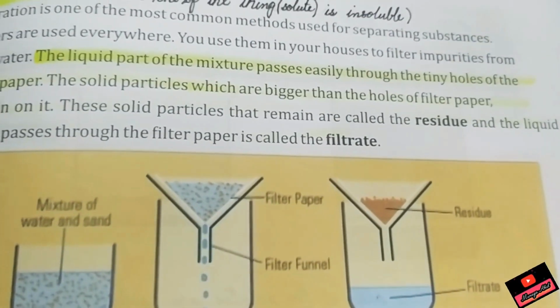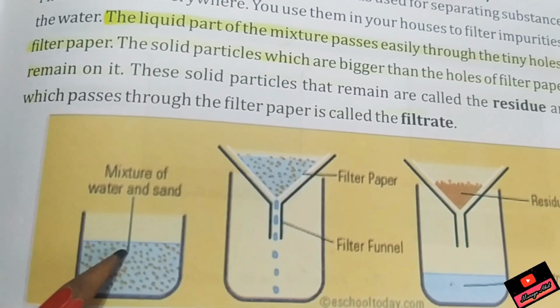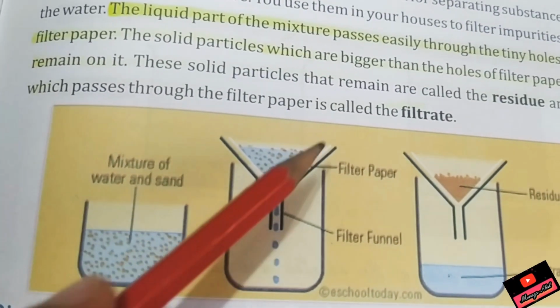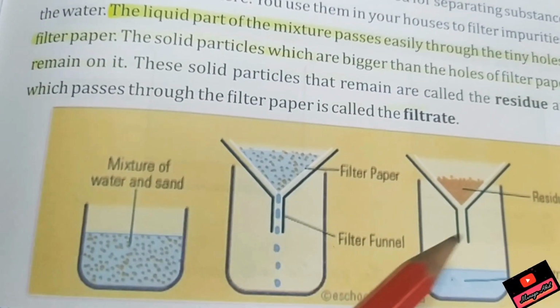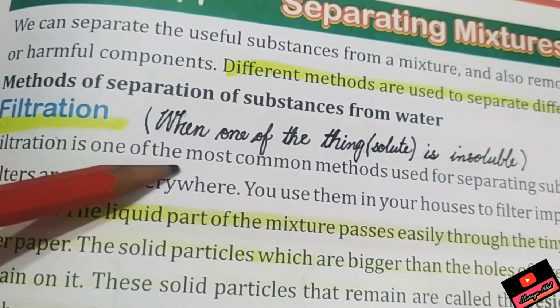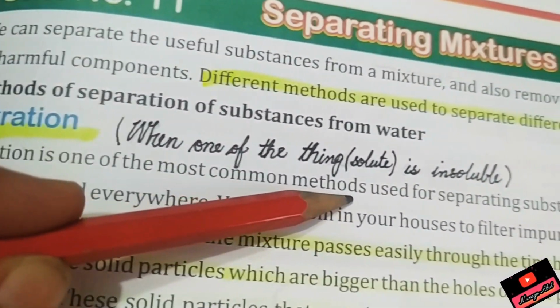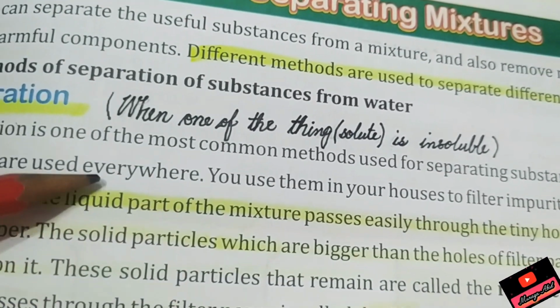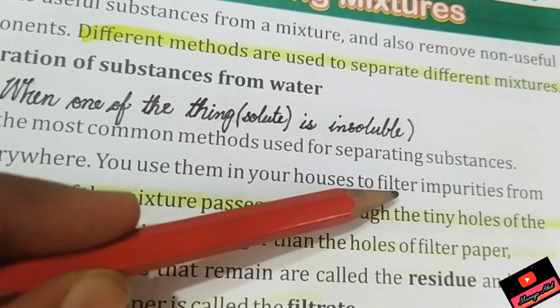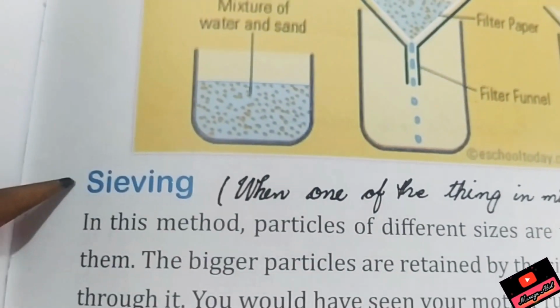Look, these diagrams show that suppose sand and water are mixed. If you pass them through a funnel with filter paper, you can separate sand easily. This is the most common method used for separating substances everywhere, most importantly in water filters.